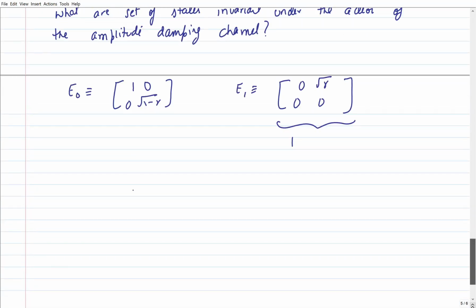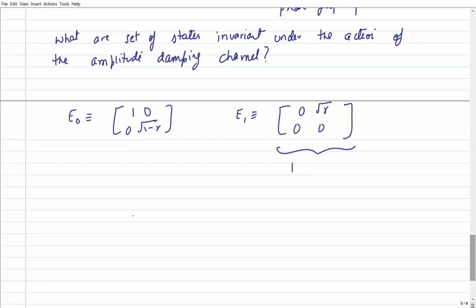So if you look at it, which is the state where nothing happens to that particular state? So it's just the 0 state, isn't it? So the invariant set of states is just the 0 state.